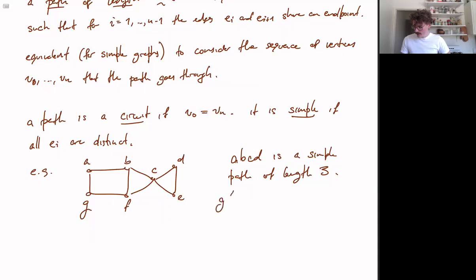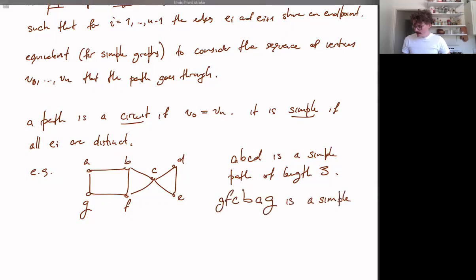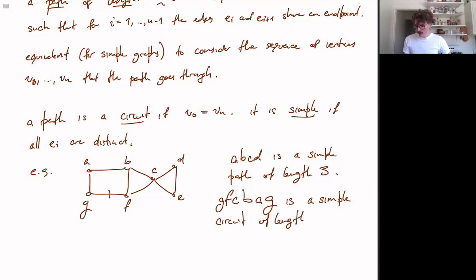That is G, F, this edge, then C, this edge, then B, this edge, then A, this edge, and then G again, this edge. So this is a simple circuit. It's simple because it traverses each of these edges once, and it is a circuit because it starts and ends at the same vertex. And what is the length? 1, 2, 3, 4, 5. Length 5.